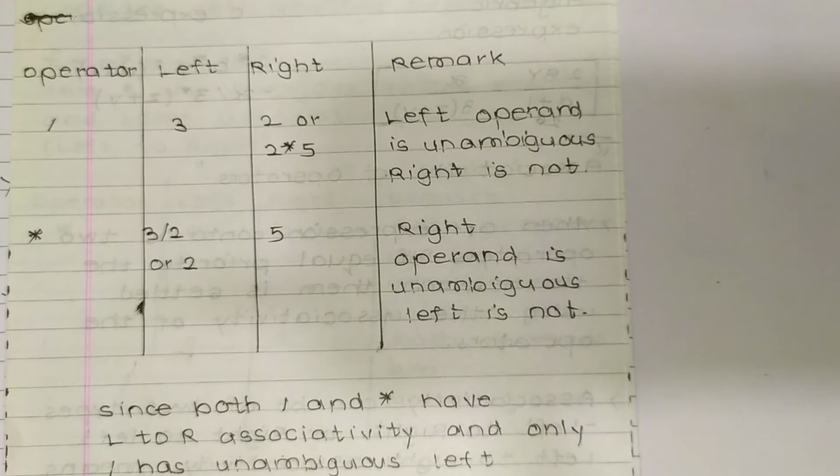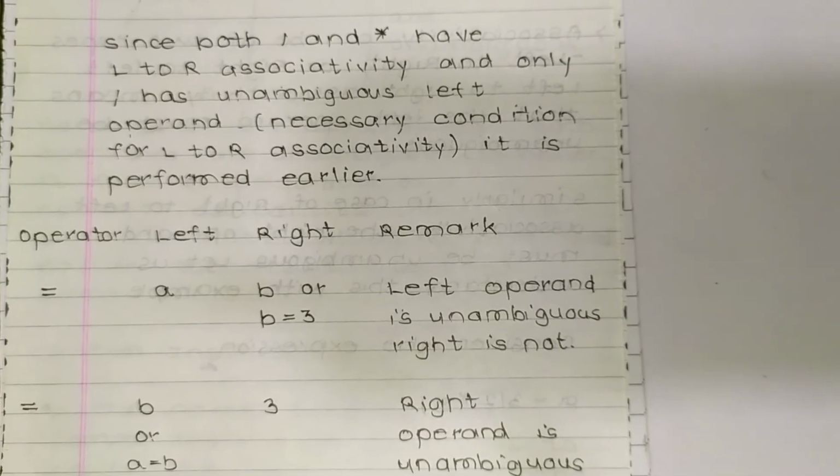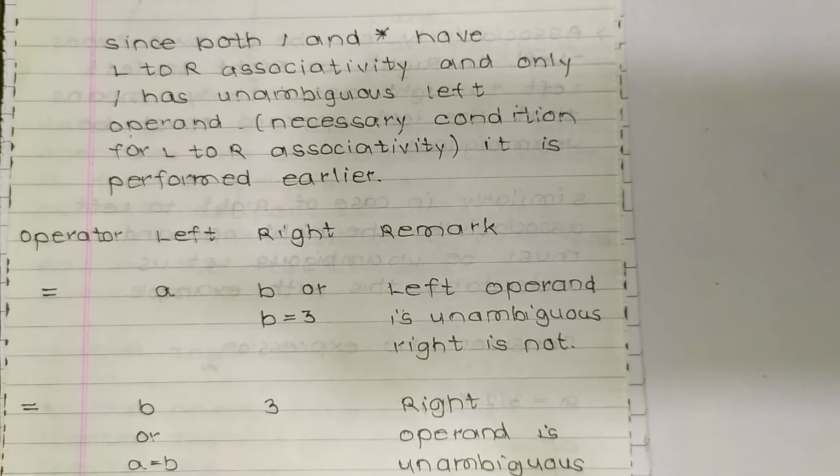Right operand is unambiguous, left is not. Since both divided by and multiply have left to right associativity, and only divided by has an unambiguous left operand, the necessary condition for left to right associativity is met, so it is performed earlier.